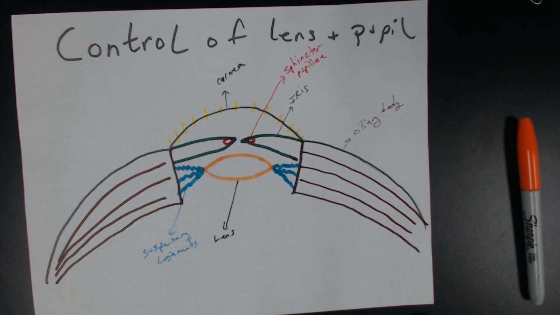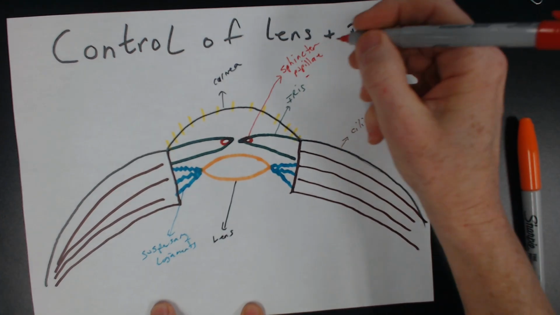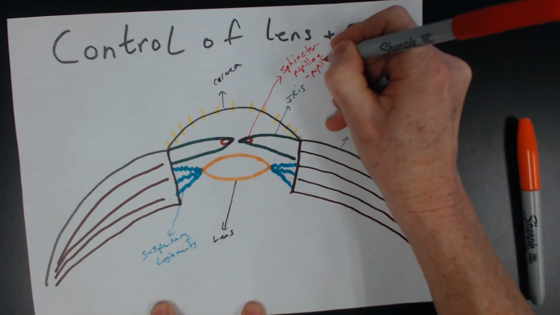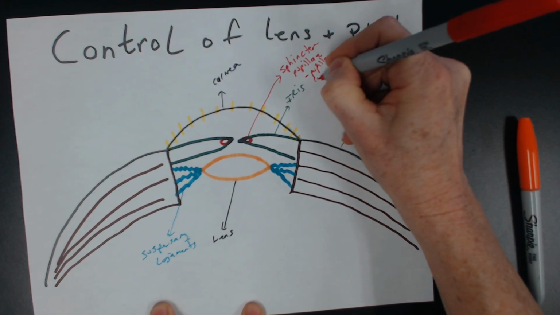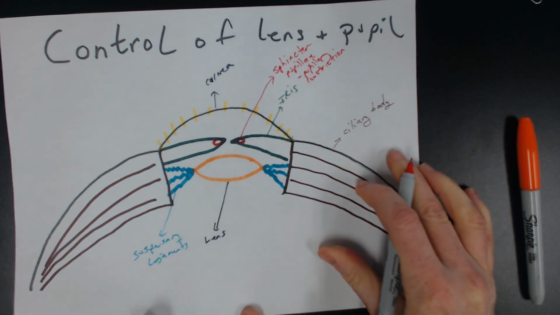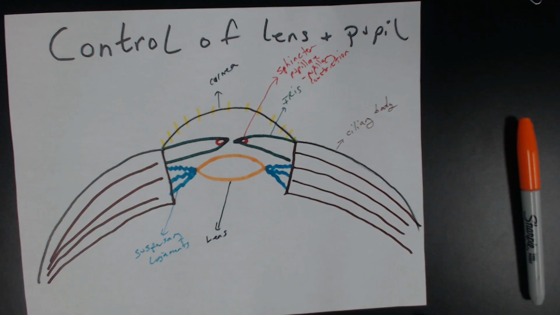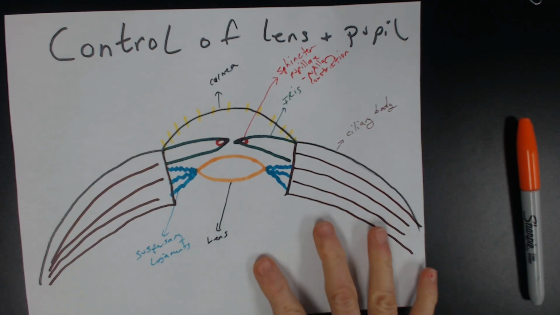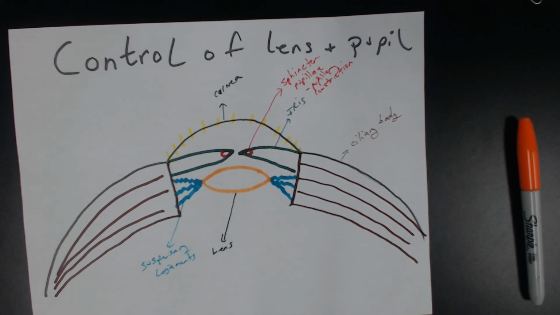If it contracts, is it going to constrict the pupil or dilate it, just based on its position? Yeah, so it's involved in pupillary constriction. And that's your sphincter pupillae.